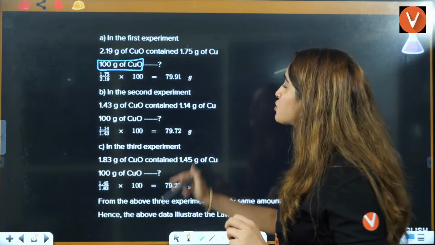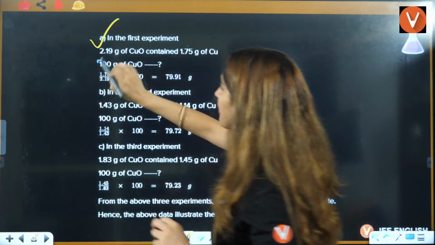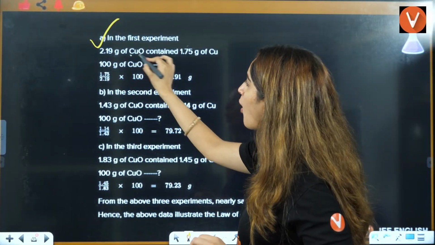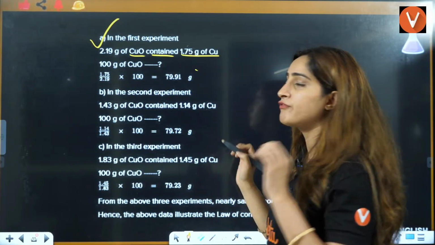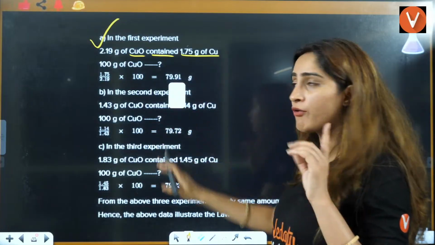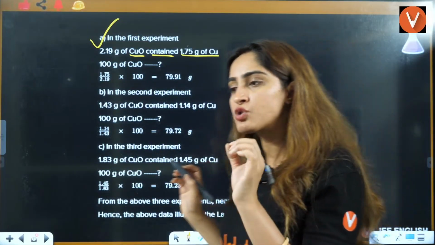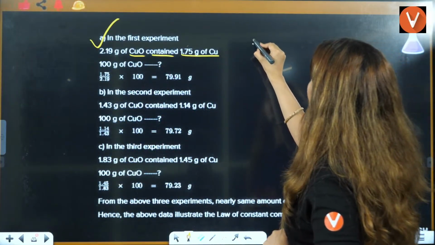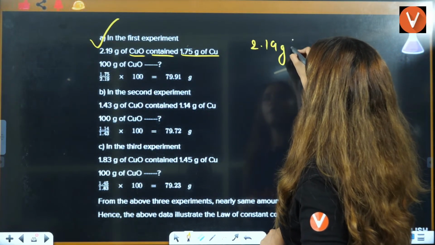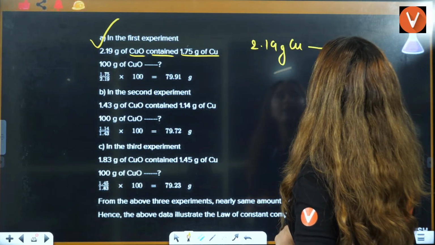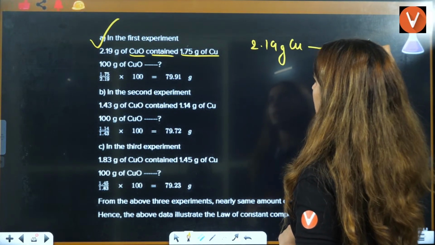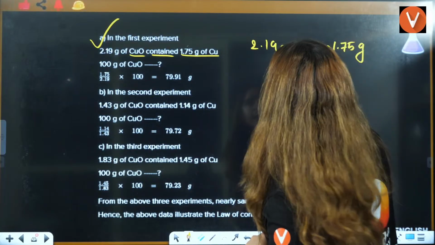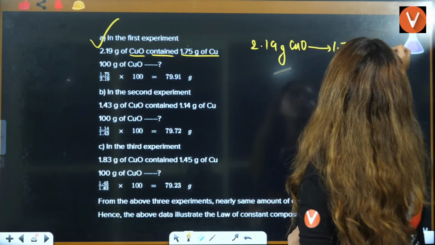In the first case, 2.19 gram of copper oxide contains 1.75 gram of copper. Now you must know how to apply the unitary method that I am going to teach you here. So 2.19 gram of copper oxide gave you this much of copper.